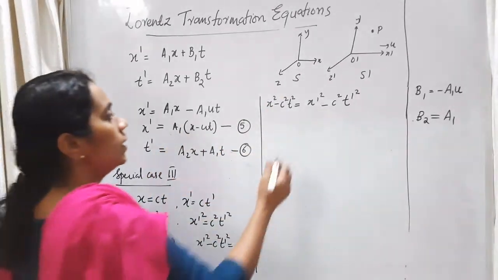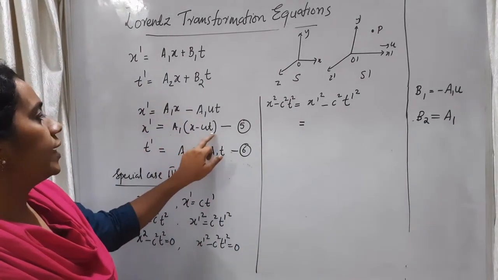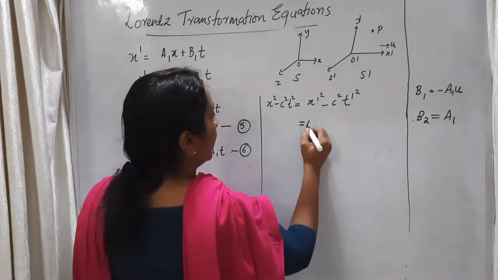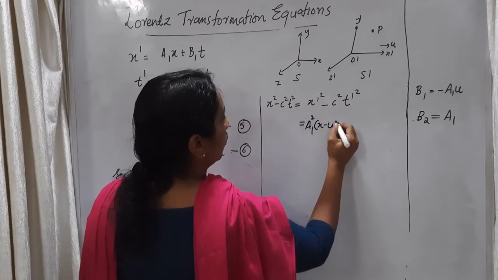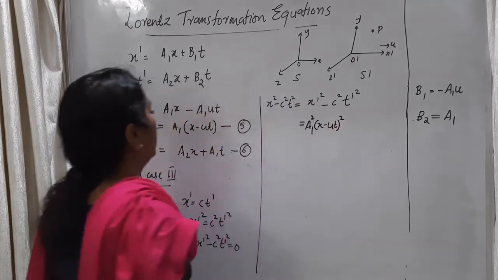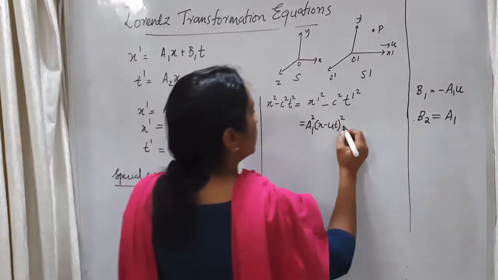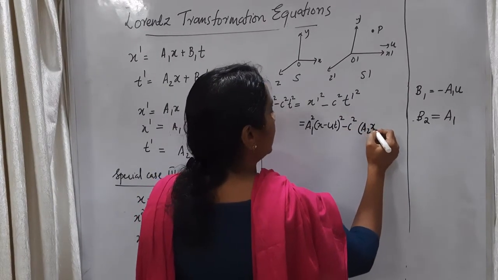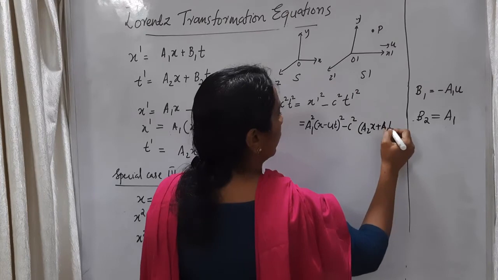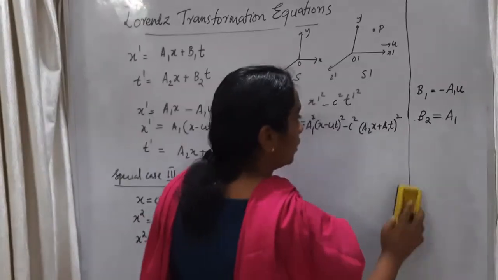So what do I get? Instead of x dash square, you can put it as a1 into x minus ut. So squaring, I get a1 square into x minus ut whole square, minus c square into t dash square. So c square into a2x plus a1t whole square. Right?